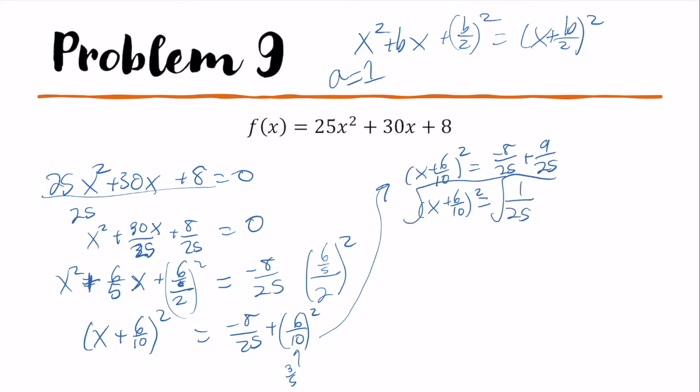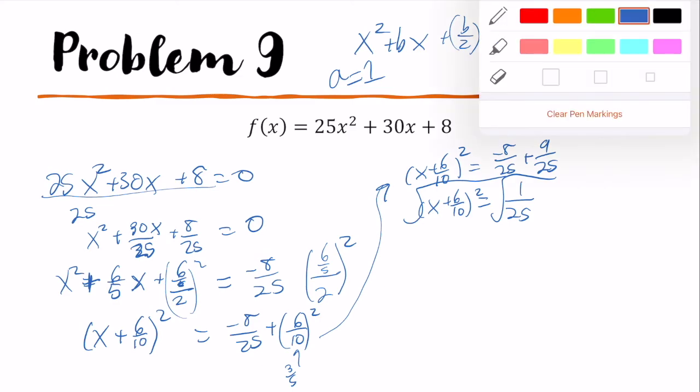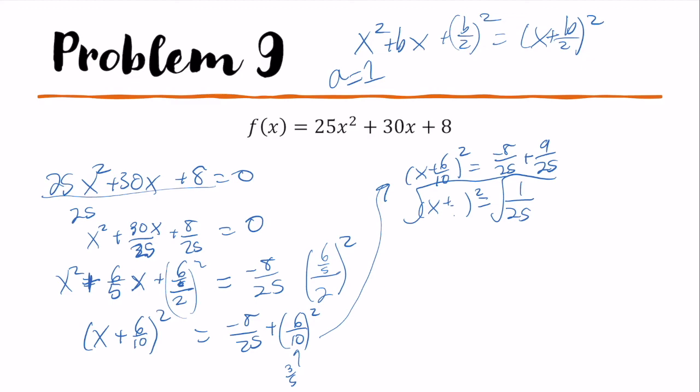We still use the square root property to take the square root of both sides, but maybe we should go ahead and rewrite 6/10 as 3/5, just for clarity and simplicity. So x plus 3/5 equals the square root of 1, which is 1, over the square root of 25, which is 5, plus or minus.